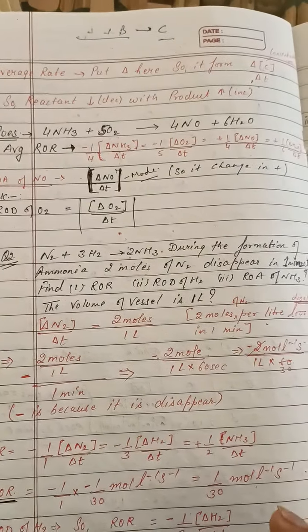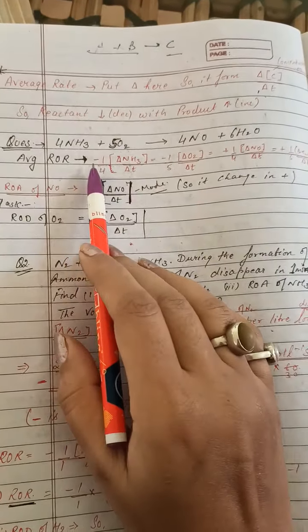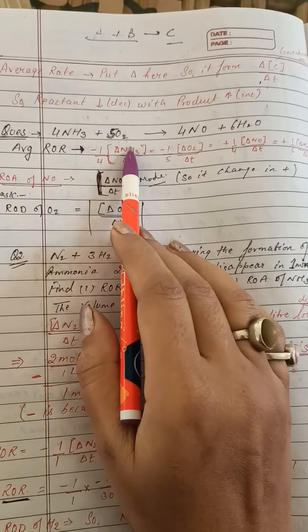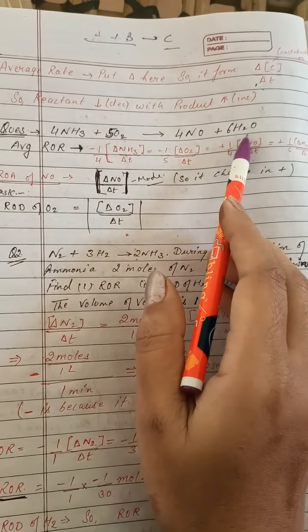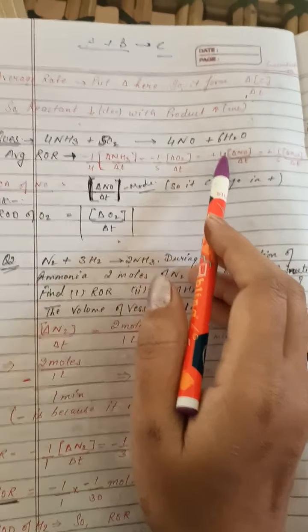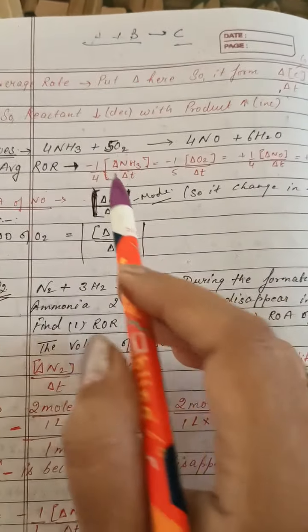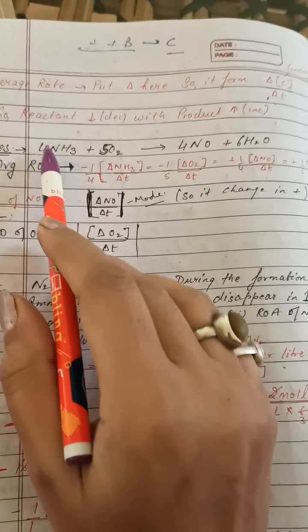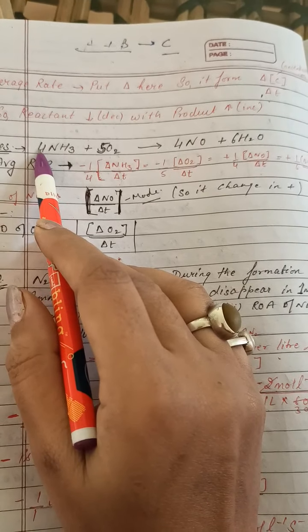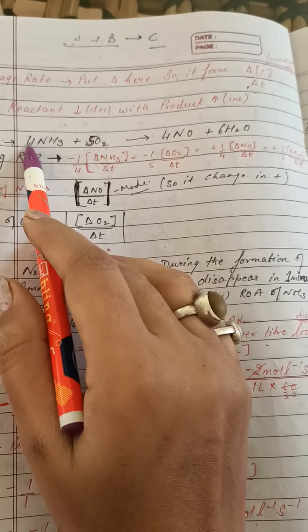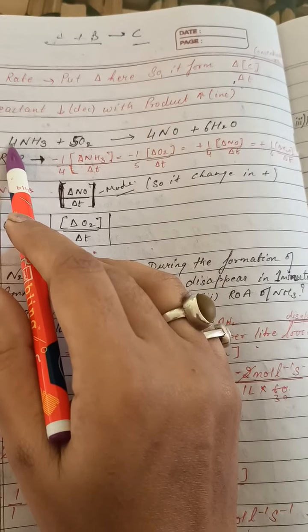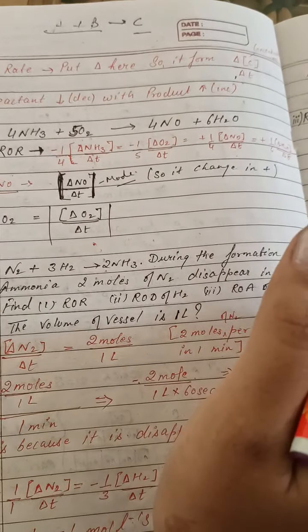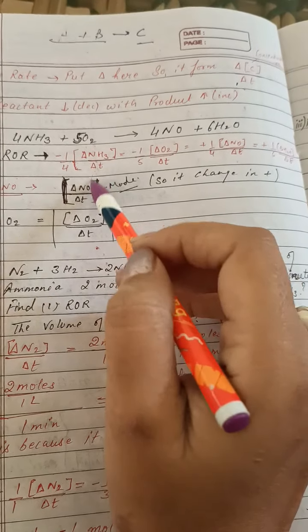Let's take one example. Here we have taken one reaction, 4NH3 plus 5O2 gives 4NO plus 6H2O. We are using the average rate of reaction. Now 4 is there, so we write 1 upon 4 and put a minus sign. Sometimes the minus sign is not there, but we use a mod sign.